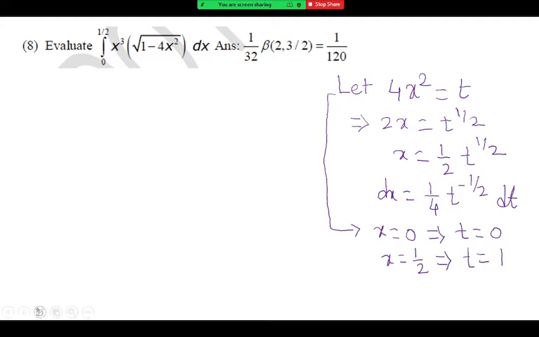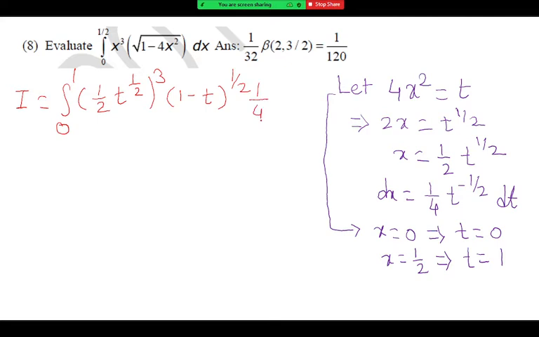So the given integral I becomes 0 to 1 now. The value of x cube: first x is 1 by 2 t raised to half, this is the x cube. Then this becomes 1 minus t raised to half, and the value of dx is 1 by 4 t raised to minus half dt.